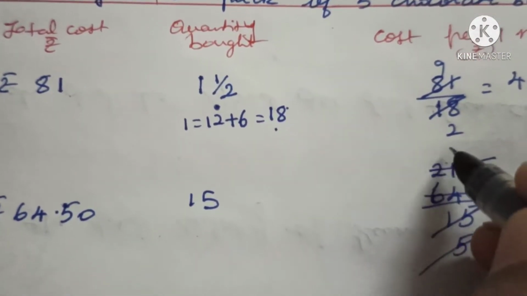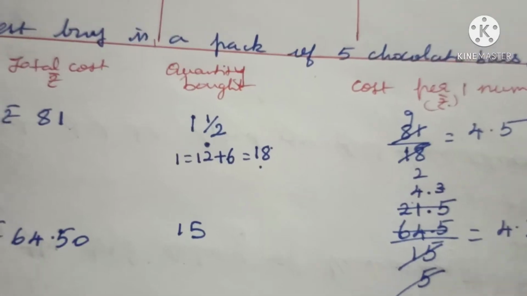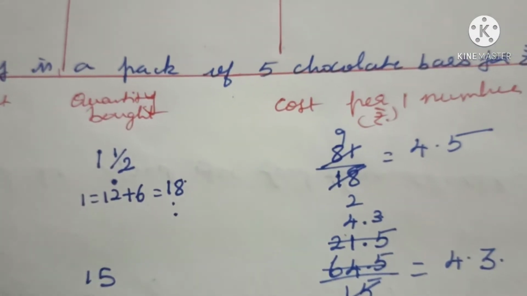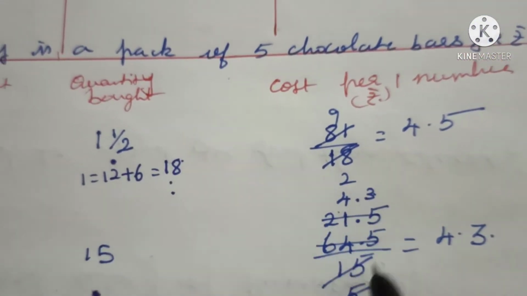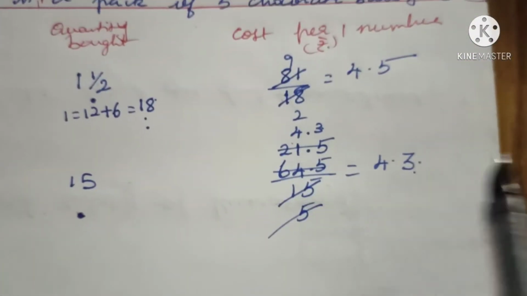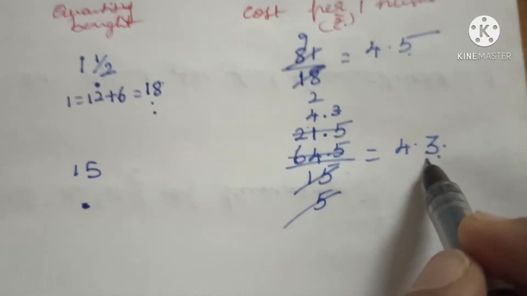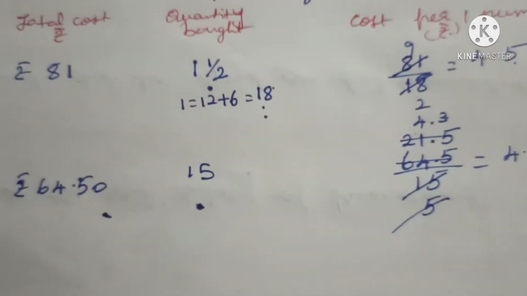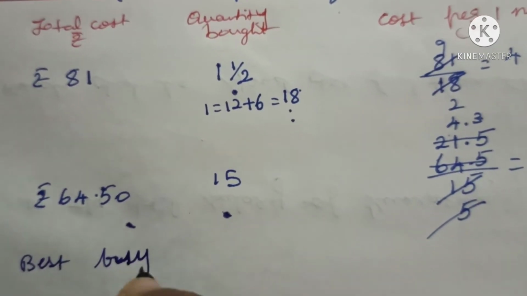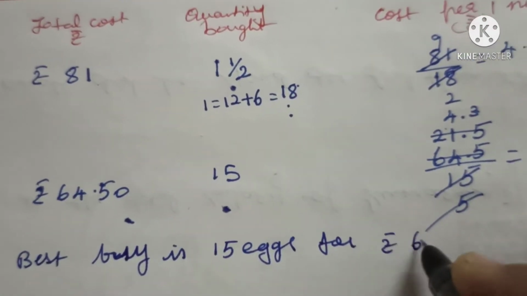Again 5 table, 5 fours are, 5 threes are. So the cost of 1 egg is 4 rupees 50 paise. And for the next one, that is for item 2, the cost of 1 egg is 4 rupees 30 paise. So if you compare the rate, 4 rupees 30 paise is less than 4.5. Therefore, best buy is 15 eggs for rupees 64.5.